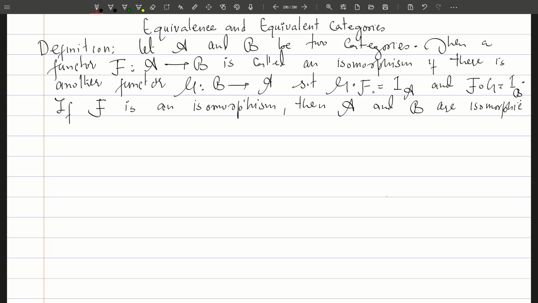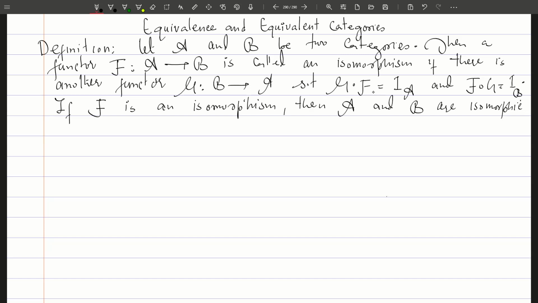Now one should keep in mind that isomorphic categories are considered as being essentially the same. Now there is a slightly weaker and more flexible notion of this essential sameness, and that is what we call the equivalence.